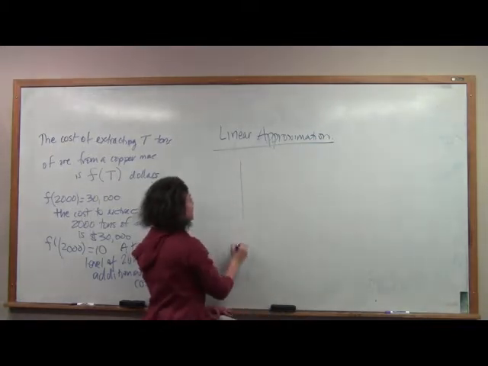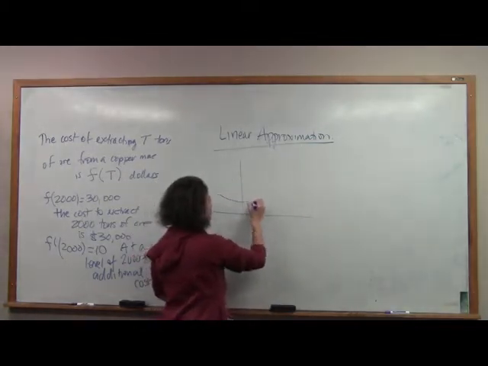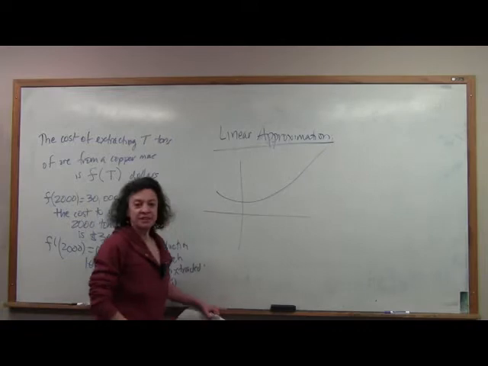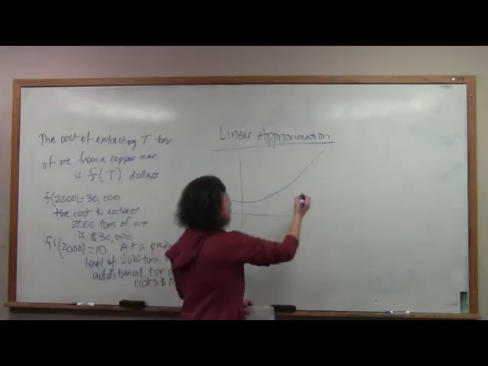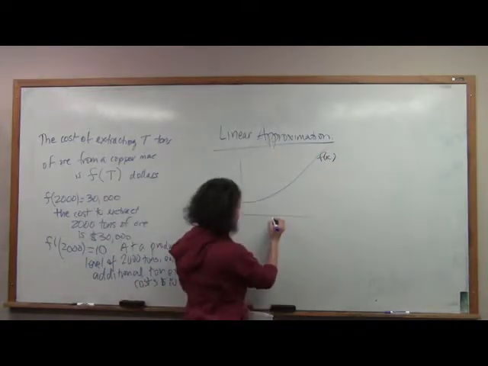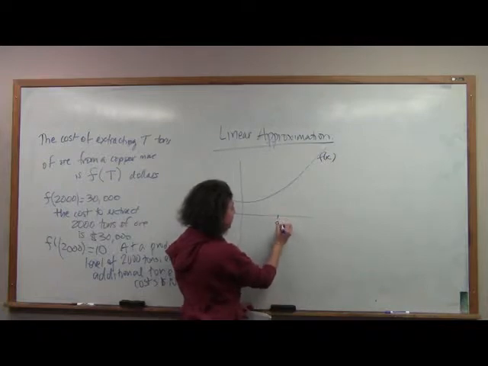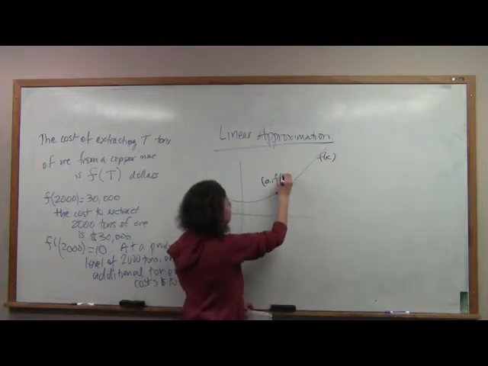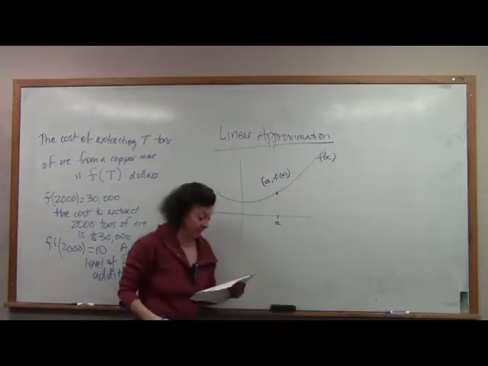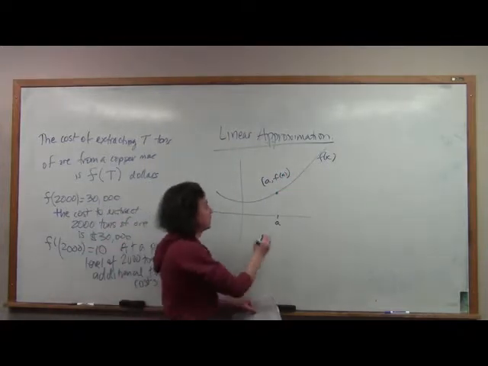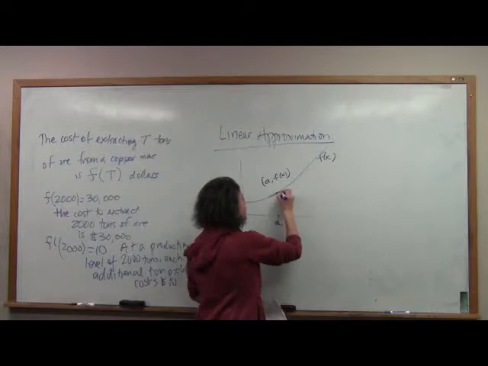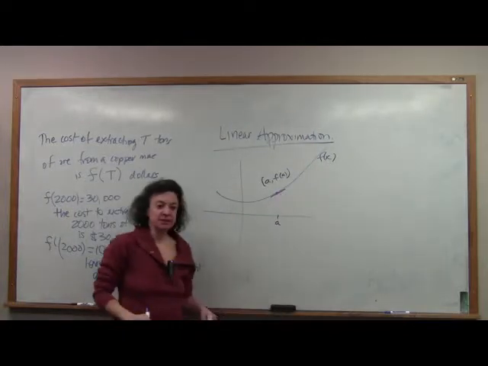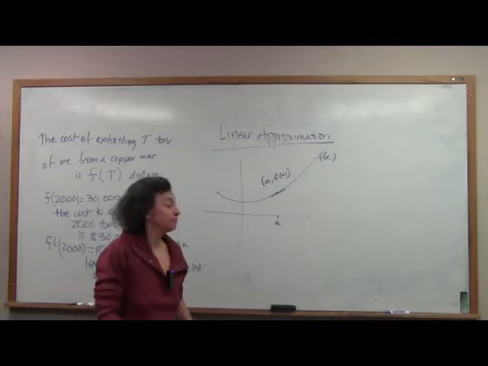So I'm going to draw a function, just a nice little generic function. We'll call this f of x, imagine that. I'll call this the point A, and I think you'll grant me that's the ordered pair A, f of A. Now, I can estimate that my tangent line looks approximately like this.